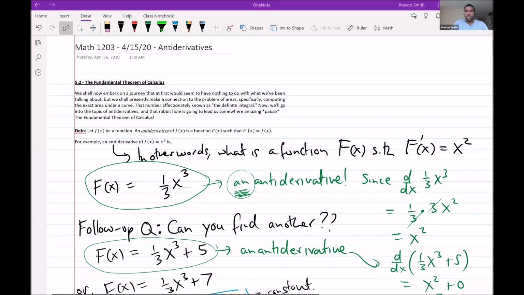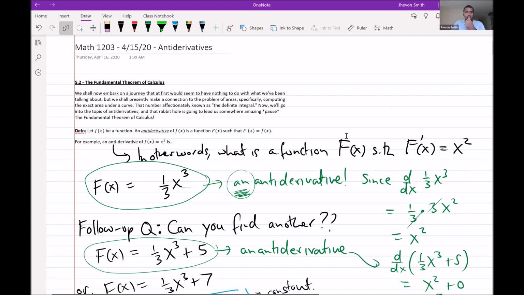That being said, let me share the screen with you guys. And I assume everyone can see the OneNote page here. Yeah. Okay, cool.